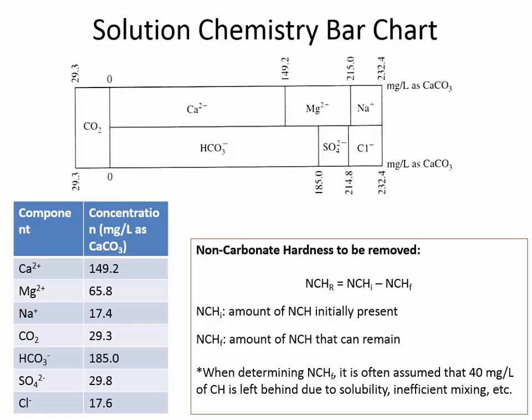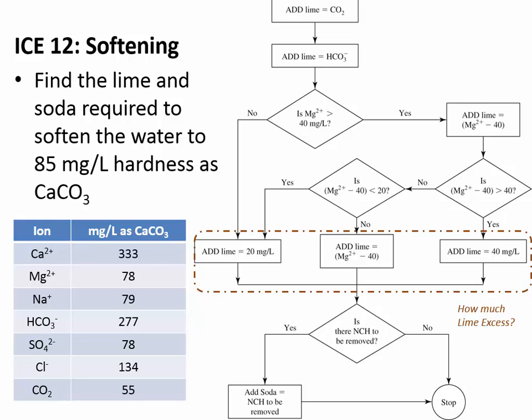And in this bar chart, we should call this NCHI, because this is the initial non-carbonate hardness before we did our reactions. The final amount takes into account how much carbonate hardness is there after the reaction. So the best way to illustrate that is to take a look at the in-class exercise.